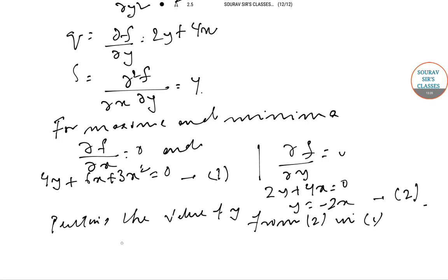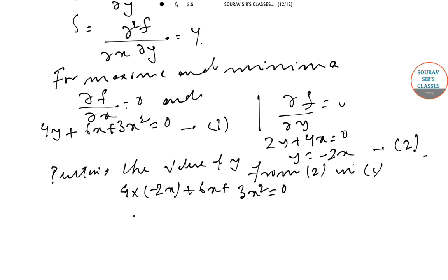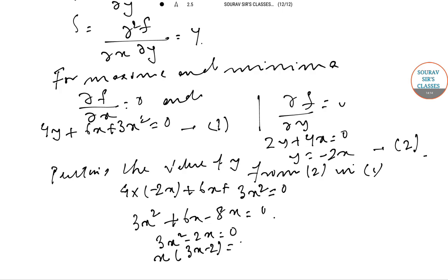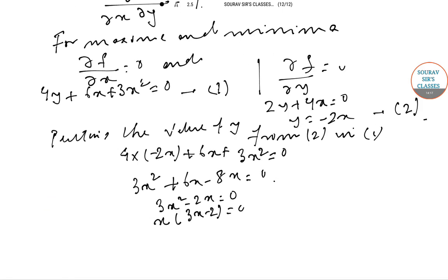So that becomes 4 into minus 2x plus 6x plus 3x square is equal to 0, and then 3x square plus 6x minus 8x is equal to 0. 3x square minus 2x is equal to 0. x into (3x minus 2) is equal to 0. So x is equal to 0 and 2 by 3.